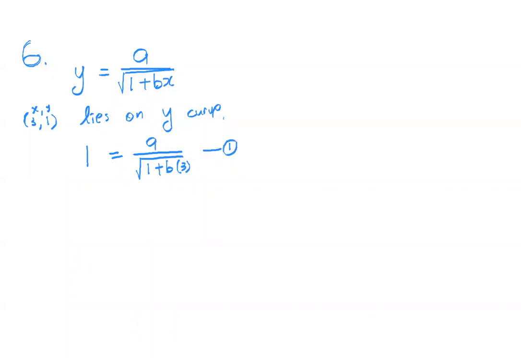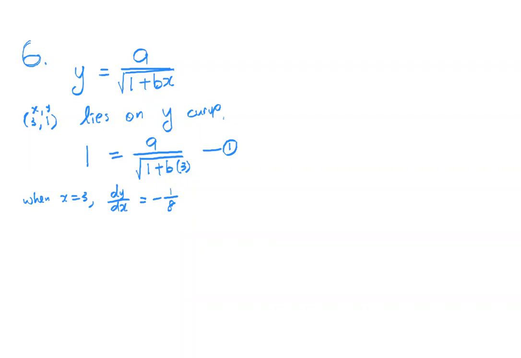Two unknowns with one equation, I cannot do anything. So they give us another information, that is when x equal to 3, the rate of change is equal to negative 1 over 8.